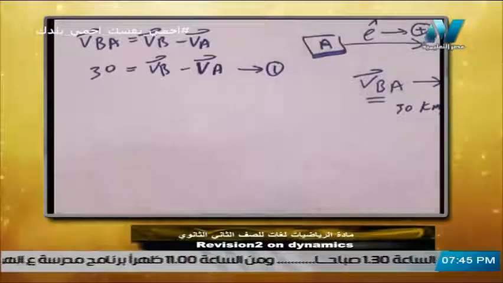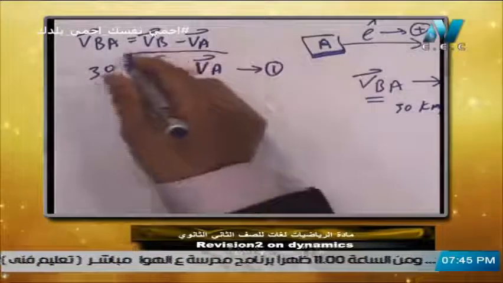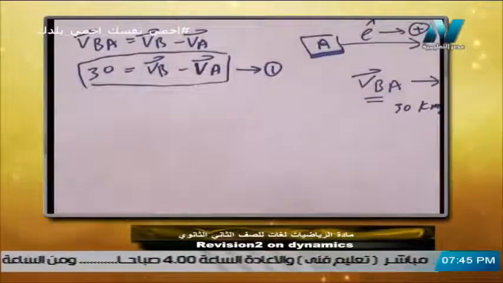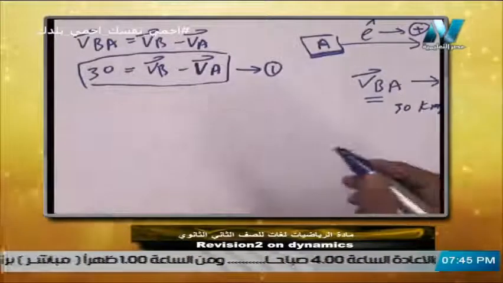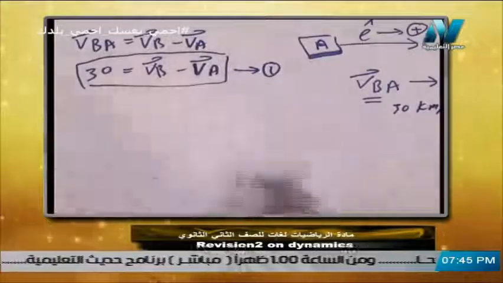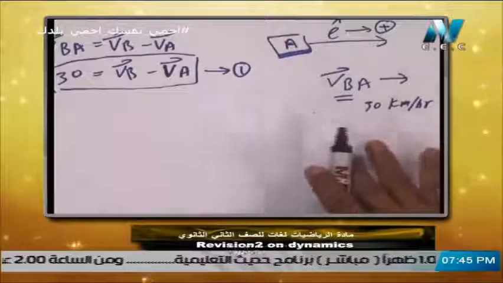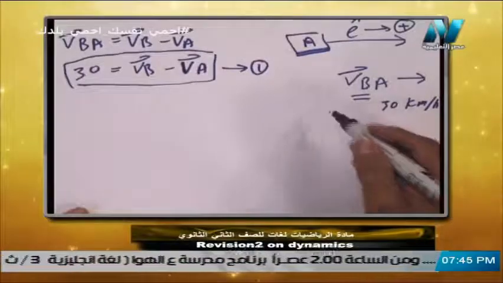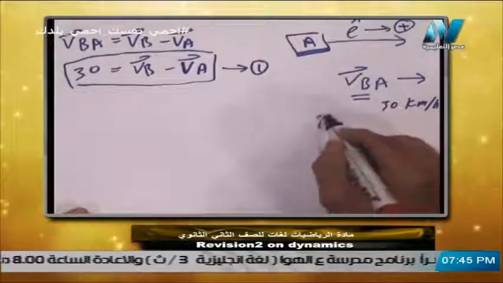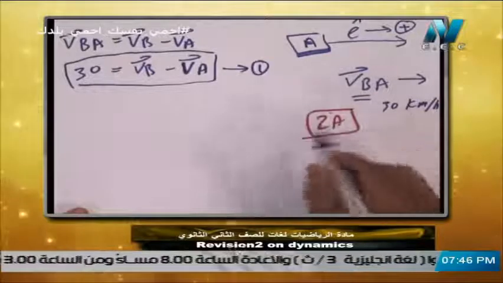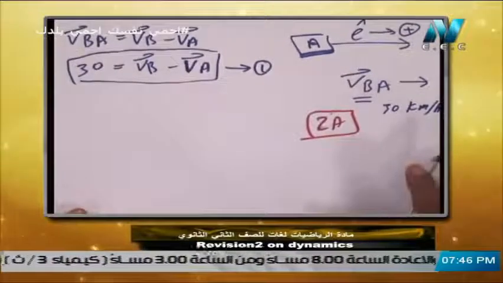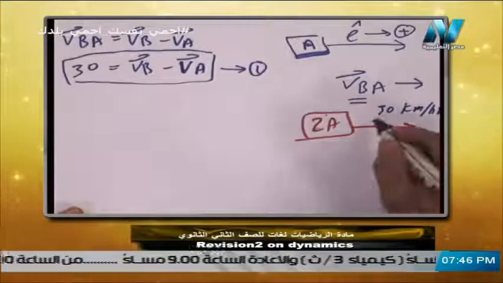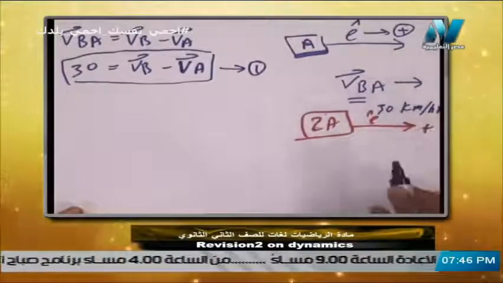After he doubled, which is VA, doubled his velocity, so we put here 2VA. 2VA here means that the velocity is doubled, in this direction, which is the positive direction.